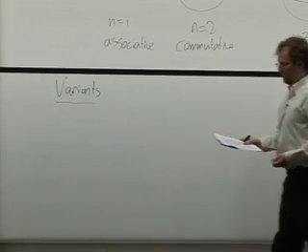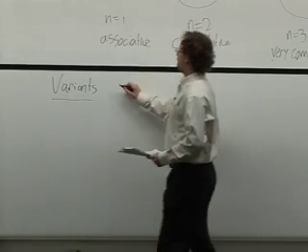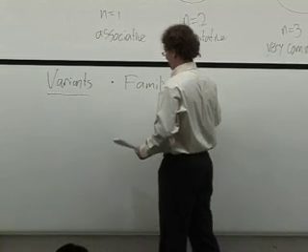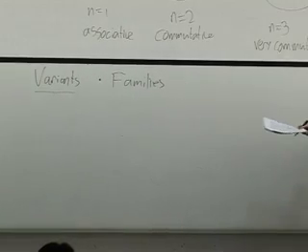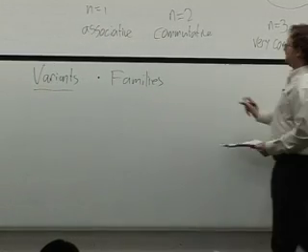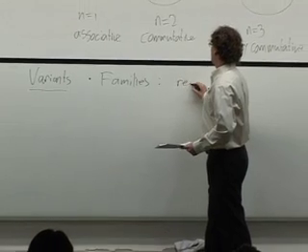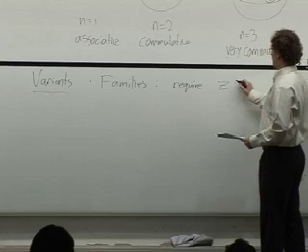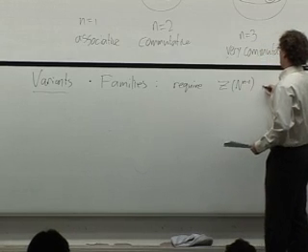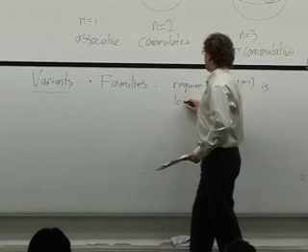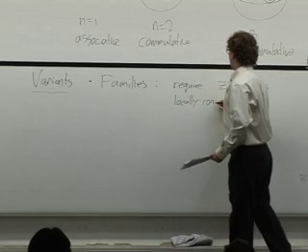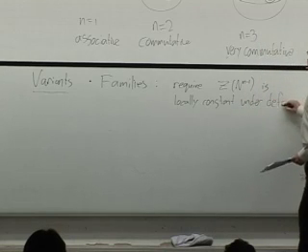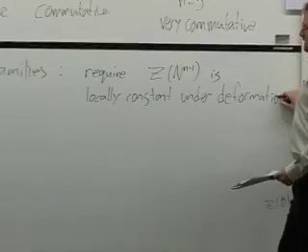One thing we could do is control the behavior in families. We can look at the behavior in families of manifolds. So I can require that Z of, say, an n-1 manifold is given the structure that makes it locally constant under deformations of this manifold. So what does this mean?